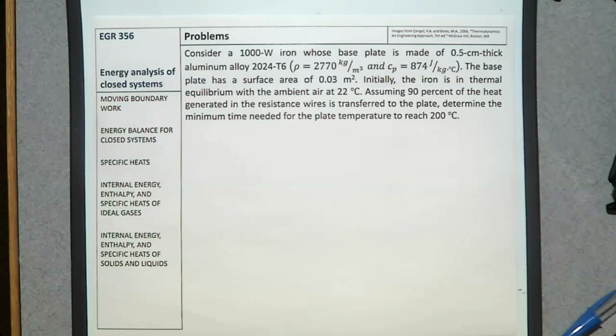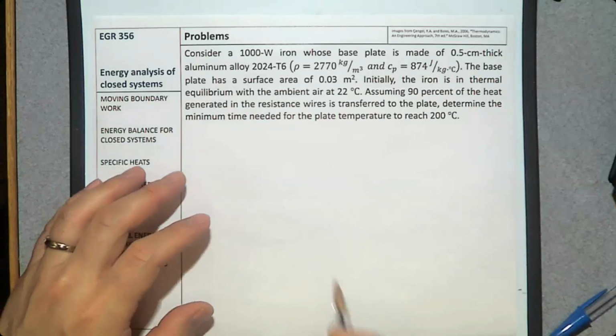Resistance wire? No, the base plate temperature. So we are studying the temperature change of the base plate. So the base plate is our system, and let's write down the energy balance equation. Then resistance wire or air, etc., they are all the surroundings.